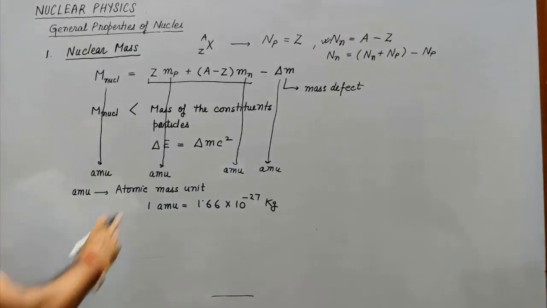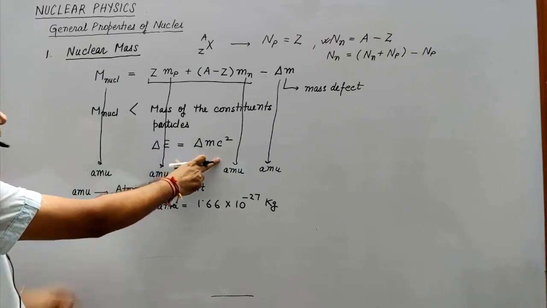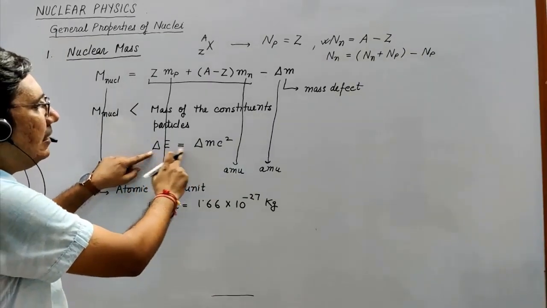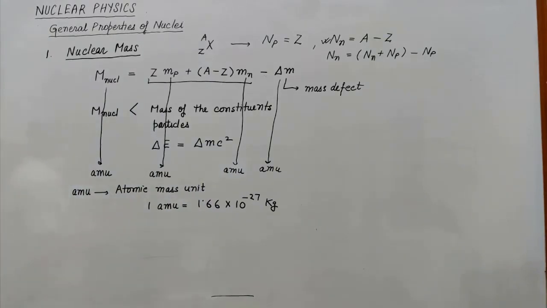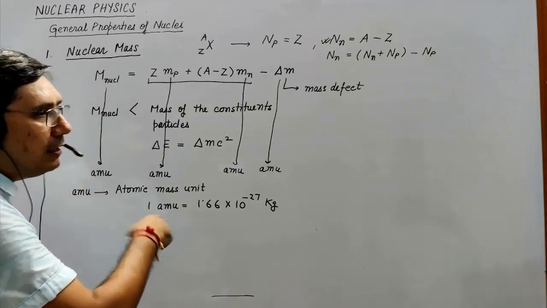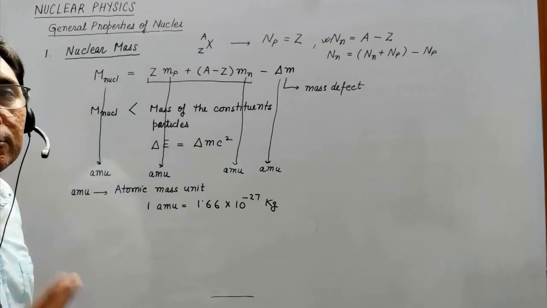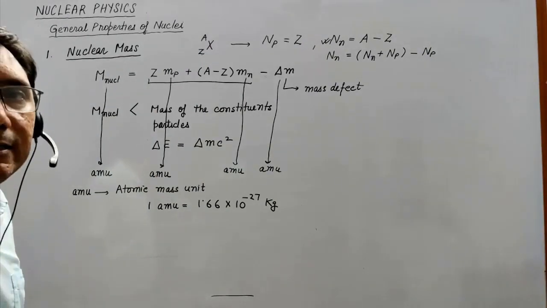Another important thing you can observe from here, with the help of the formula delta E is equal to delta m c square, is that energy can be converted into mass and mass can be converted into energy. So if we convert this 1 AMU mass into energy, what will be the equivalent energy?